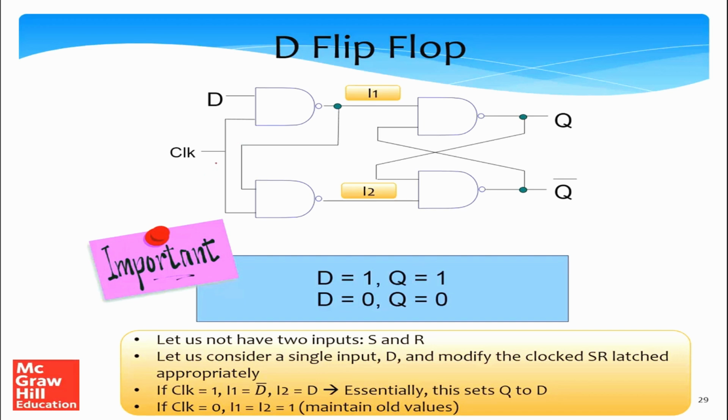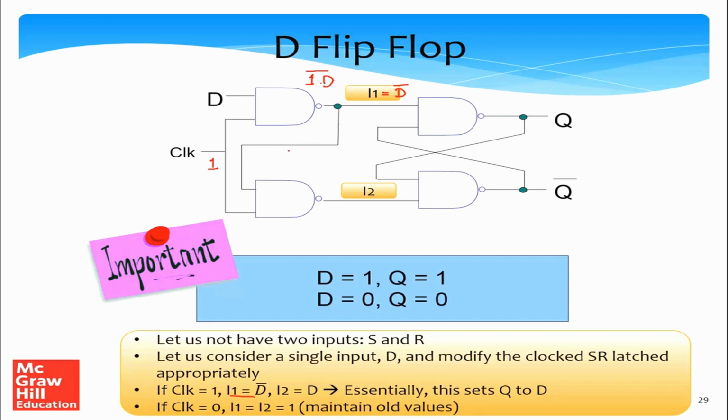Let's consider the clock to be 1 for starting to explain how this circuit works. So the clock is 1. By this time, you would have realized that we are computing 1 AND D bar, which is the same as D bar. So I1 is equal to D bar if the clock is equal to 1.